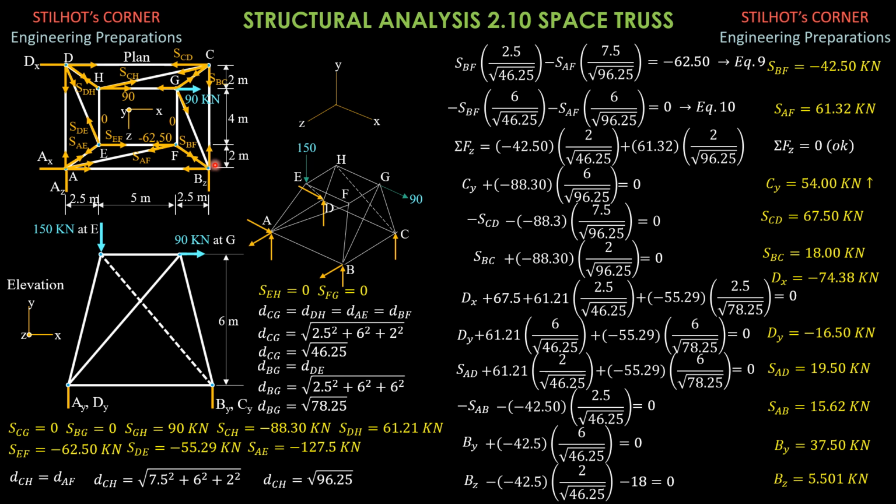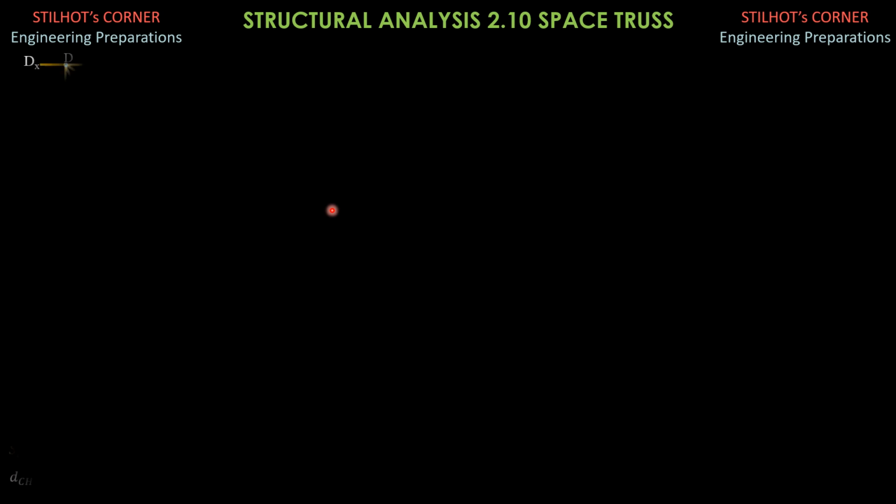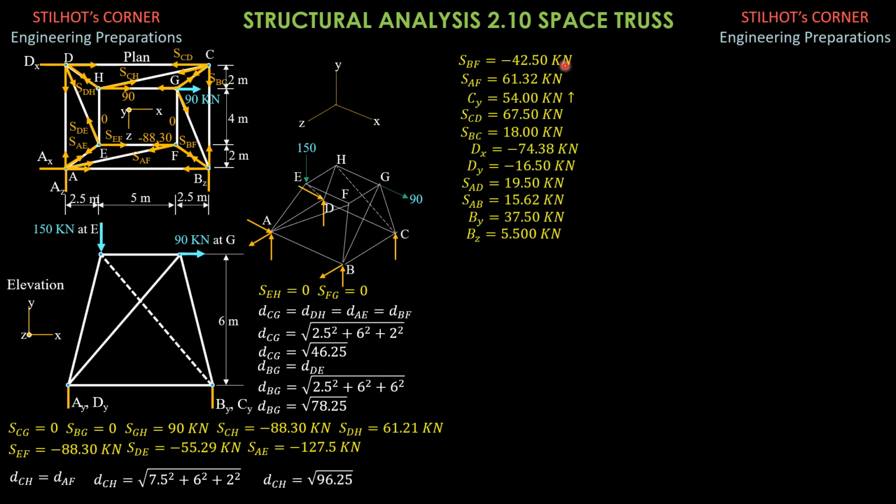So on the next slide, we proceed to joint A, and let's have all these answers also copied on the next slides. So this is the figure, then the calculated values from the preceding slides. We now proceed to joint A, summation forces X, and assume AX in the positive direction.